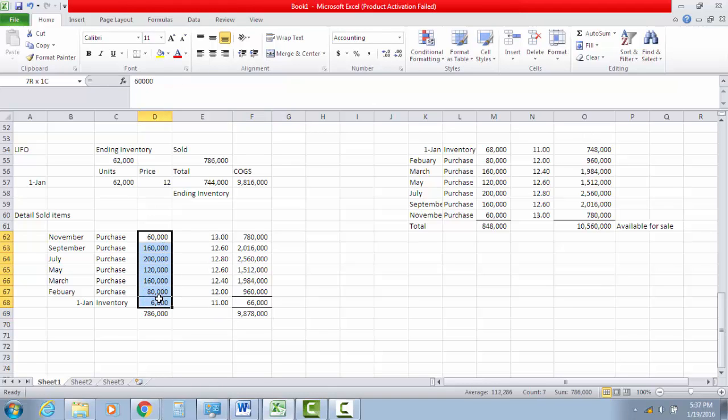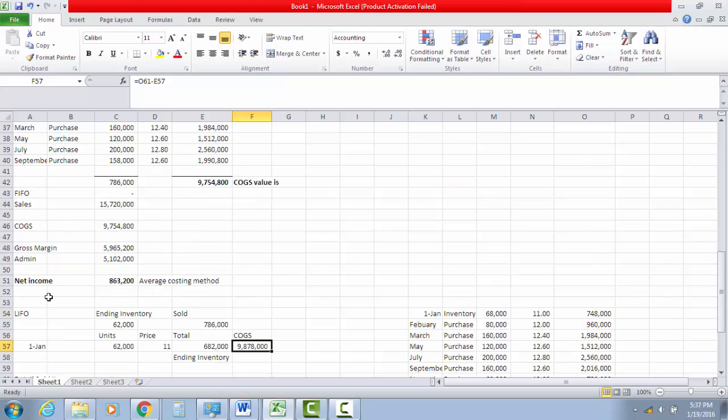I have 786,000 units sold. So what is wrong? Oh, I can tell what's wrong. I just put in the wrong inventory value up here. So there we go. The 62 units are at the $11, which is the January 1st inventory.